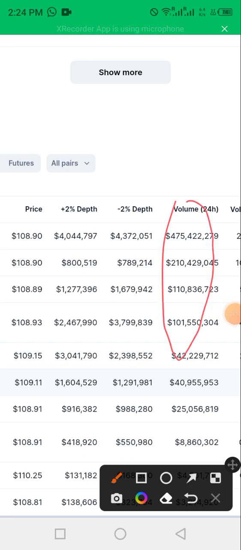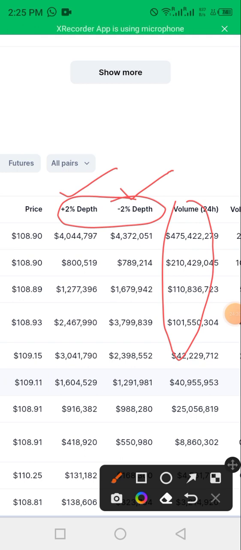The -2% depth is higher than the +2% depth. So you can place a trade on Solana with a 2% profit increase and make that profit within a very short time. At least Solana has given us a good example.